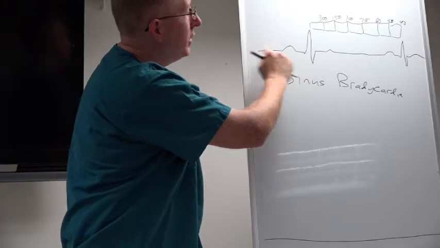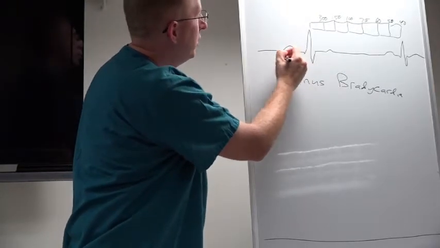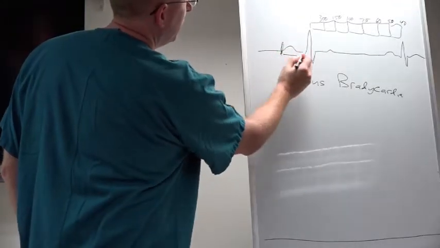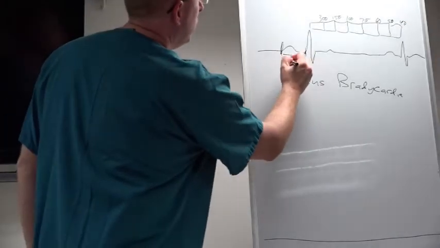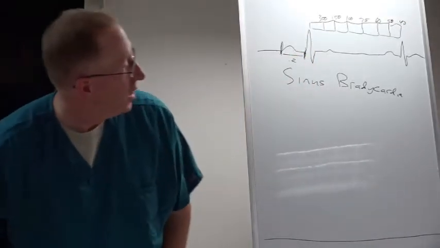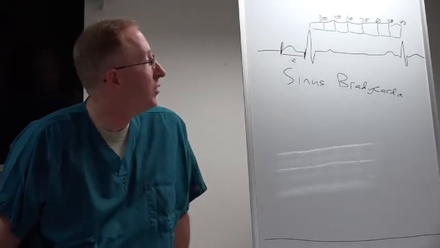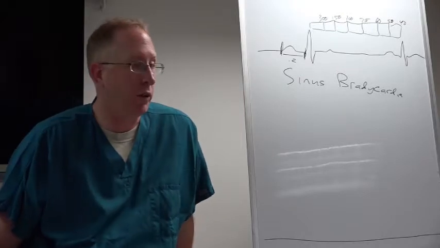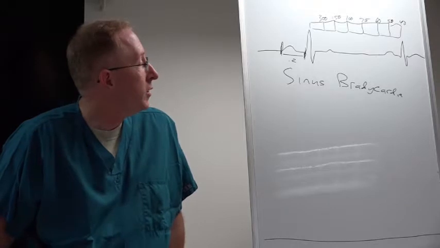The P wave in lead 2 is upright, it's consistent, it's within this PR interval right here. The PR starts at the beginning of the P wave and it goes to the QRS complex. So 0.2 seconds. And that P wave is associated with every QRS complex. So that's your sinus bradycardia. It just means the heart is exceptionally slow, but there's no blockage with that.